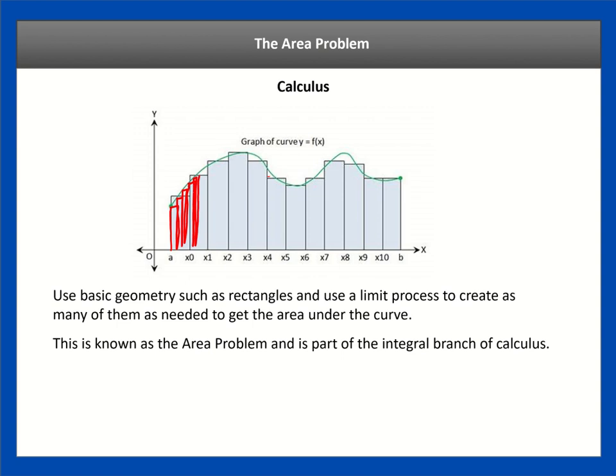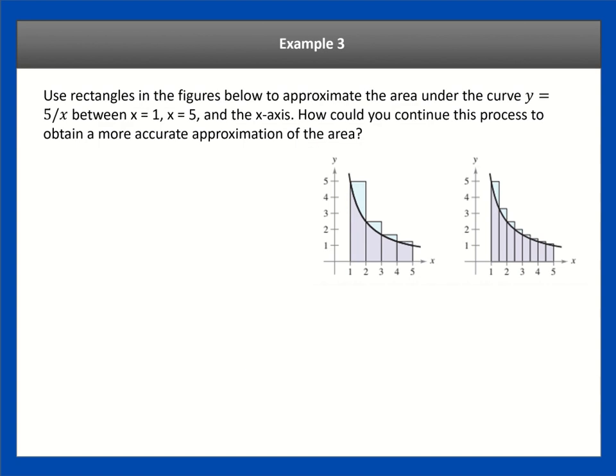I can cover more area under the curve. And then the idea is I make them as small as possible. If I make them even smaller, then I can cover more area. And ideally, if I have an infinite amount of rectangles, then that's going to help me get the exact area under the curve. And that's known as the area problem. So we're going to use this idea in order to estimate that area.